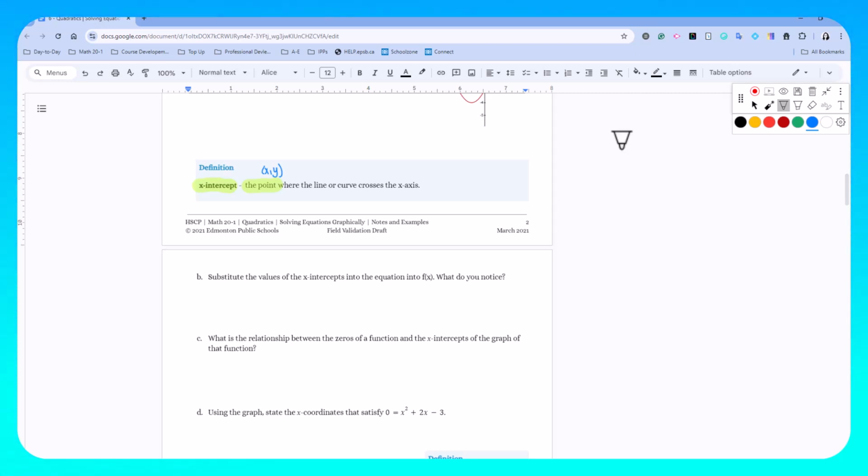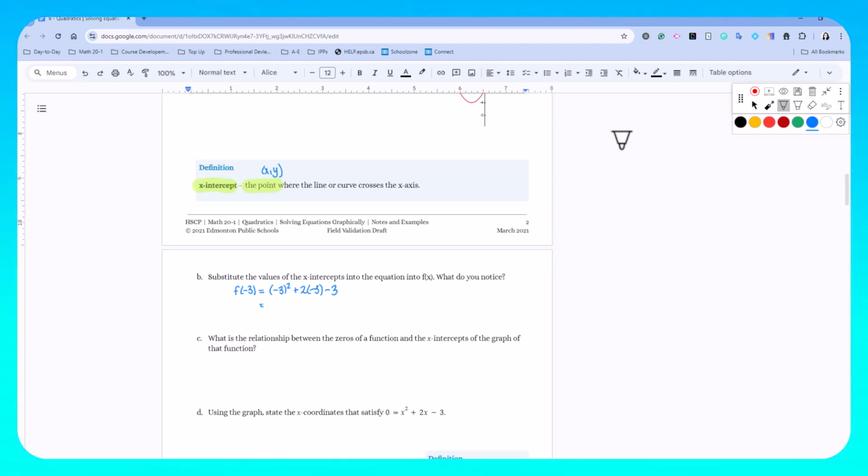So what we have here, we're going to say f of negative 3, that was the one on the left-hand side, and we're going to substitute that into the equation. And that was x squared, so negative 3 squared, plus 2x, which is 2 times negative 3, minus 3.